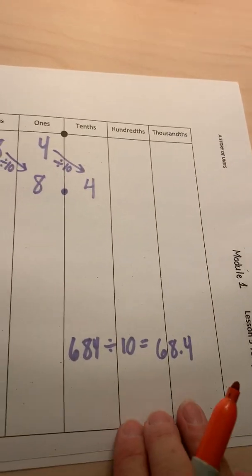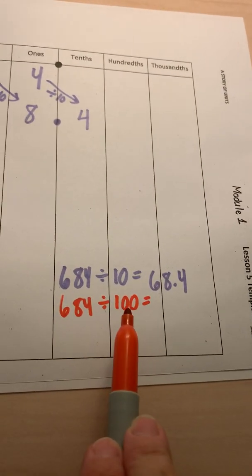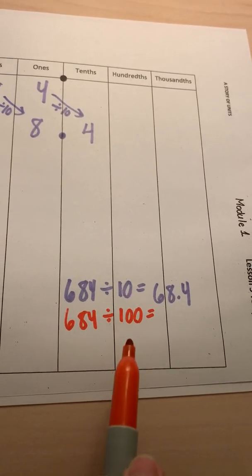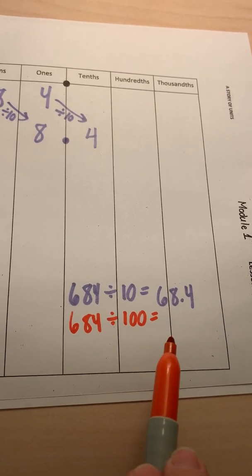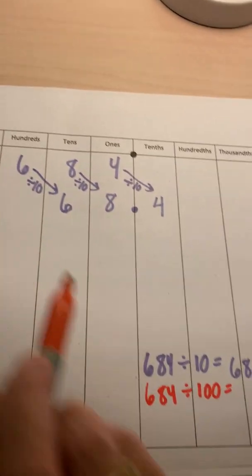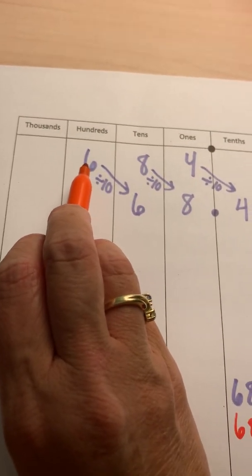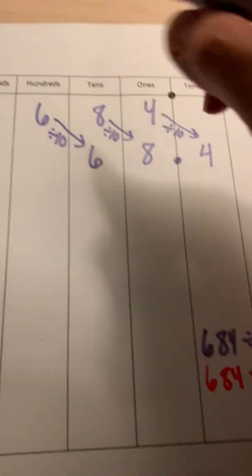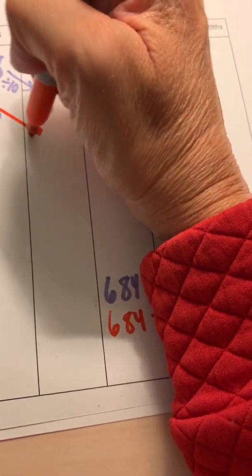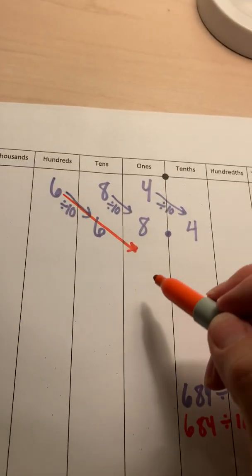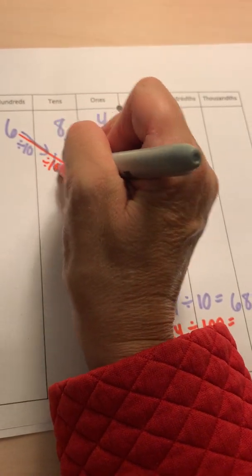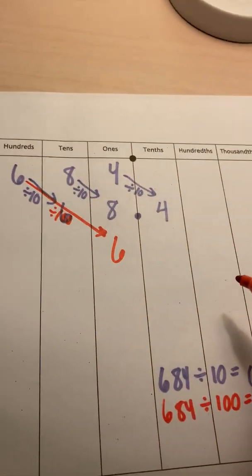We also learned how to divide by 100. So we have 684 divided by 100. We learned that 100 is 10 times 10. So we're going to be shifting to the right 2 place values. So we start at the 6 hundreds divided by 100. We move over 2 place values. 6 hundreds divided by 100 is 6 ones.